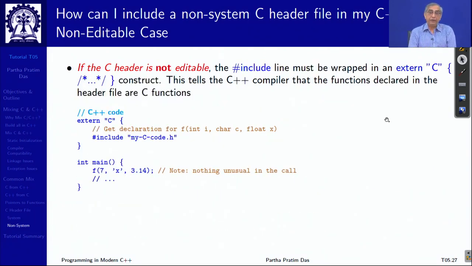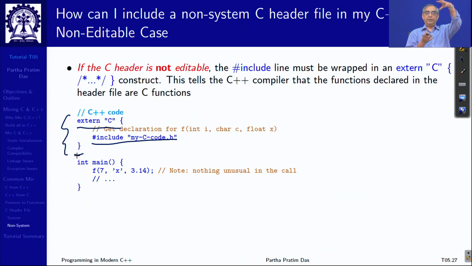Now, what if the C header is not editable? If you are not allowed to edit the header, then you cannot do what we said. In that case you do not have a choice, but at your use place, which is the C++ code, instead of including it directly, you will have to include it within extern "C".